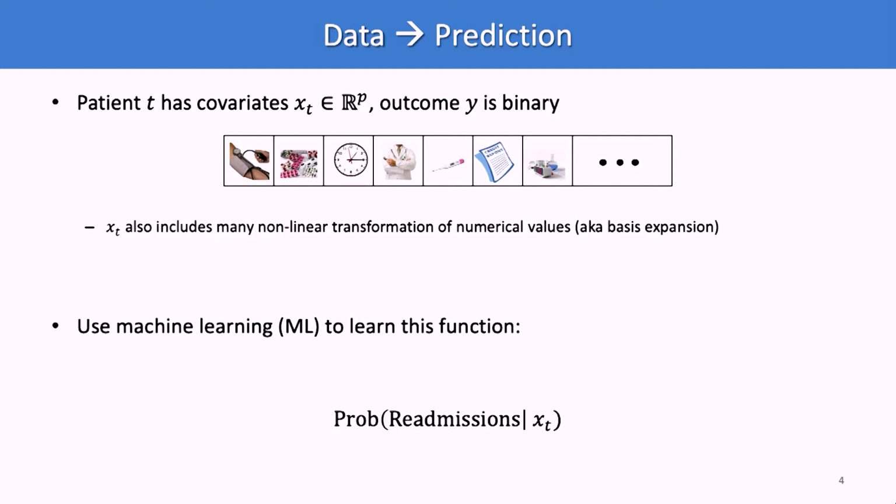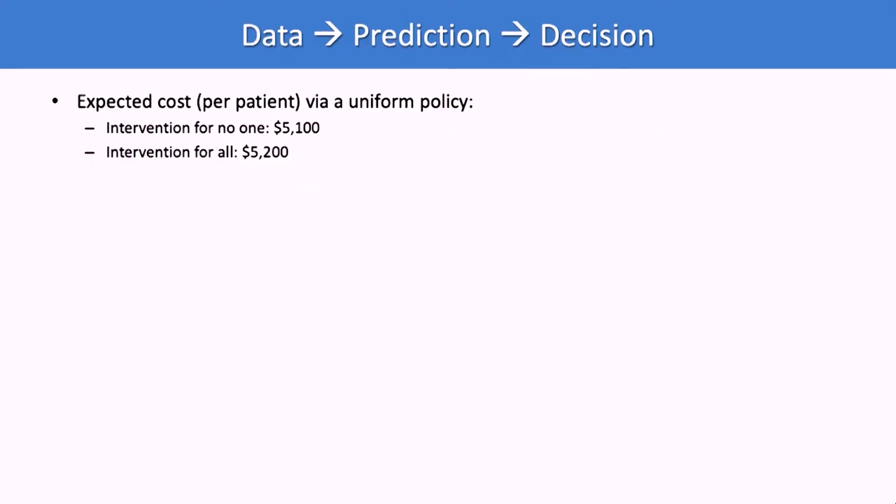Once you build this model using all sorts of high-tech machine learning methods, and you have these probabilities, the next step is to take action. A patient has a risk score between 100% and 0%, and the high-risk patients should get the intervention.